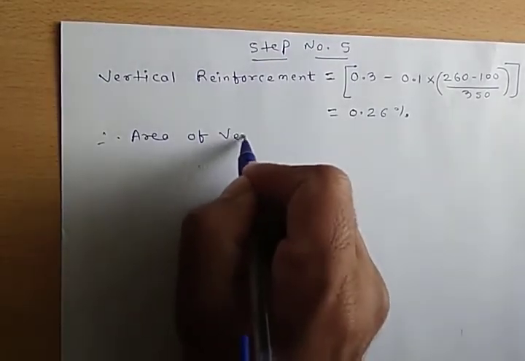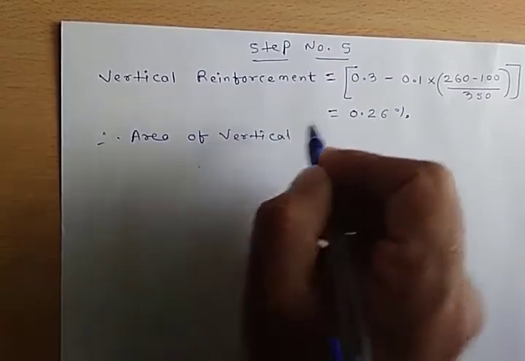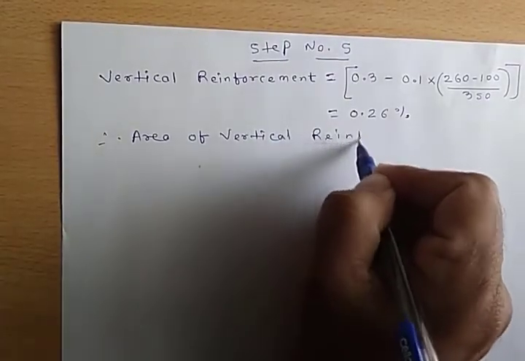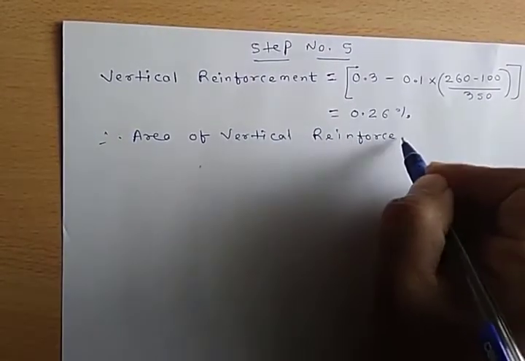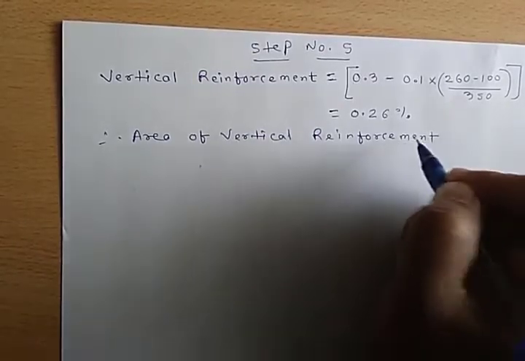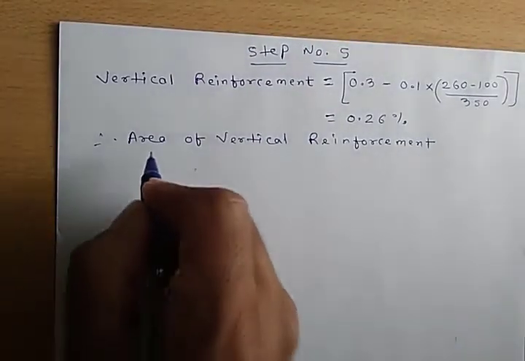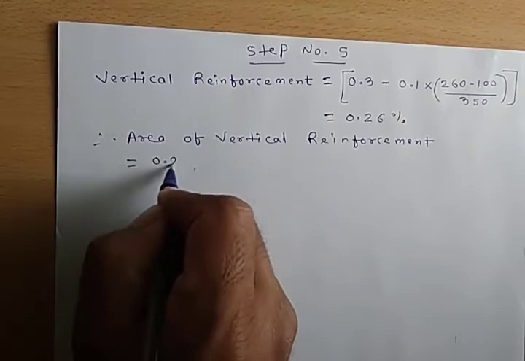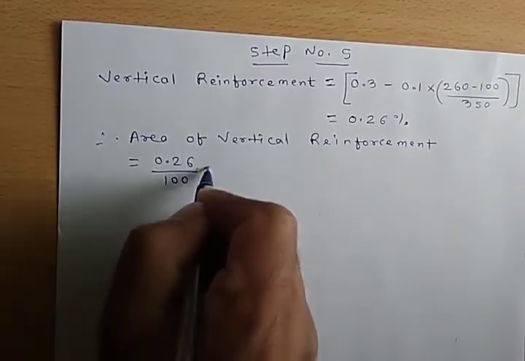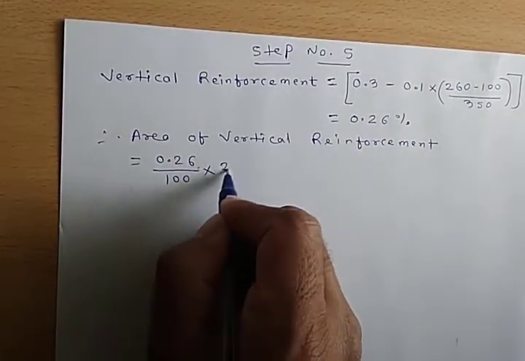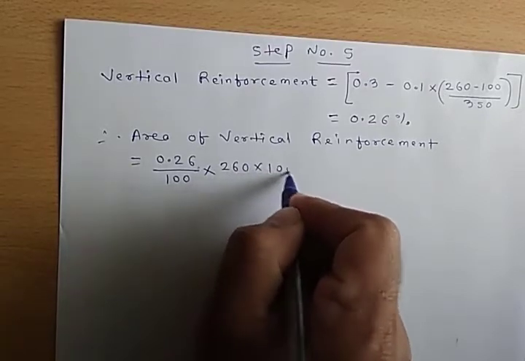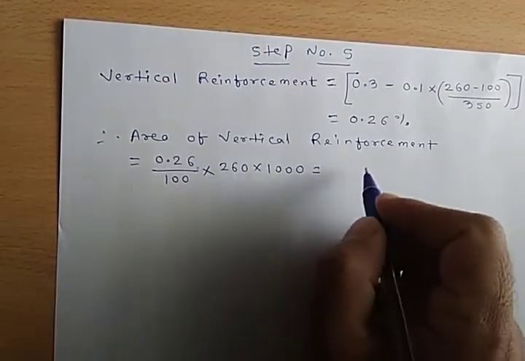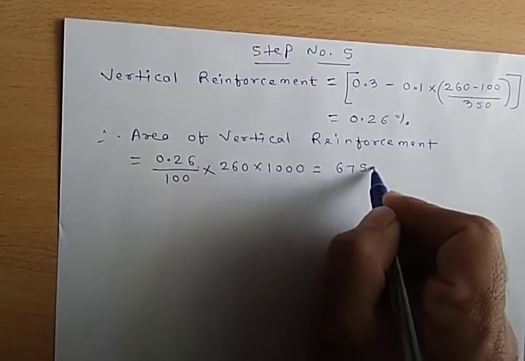So therefore area of vertical reinforcement is equal to 0.260 into 1000.